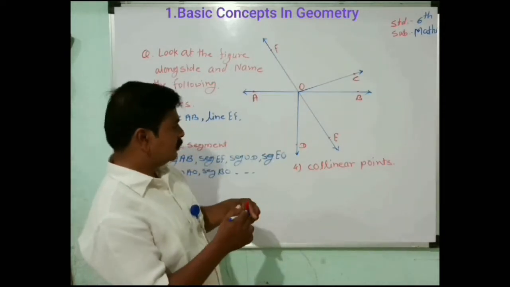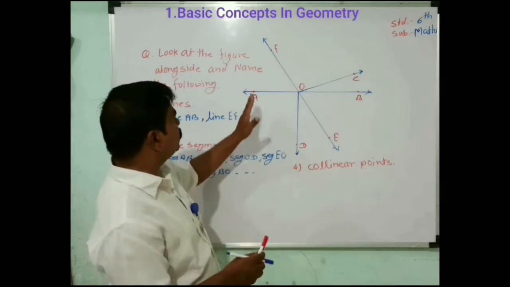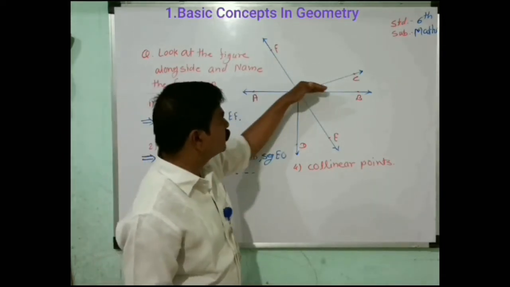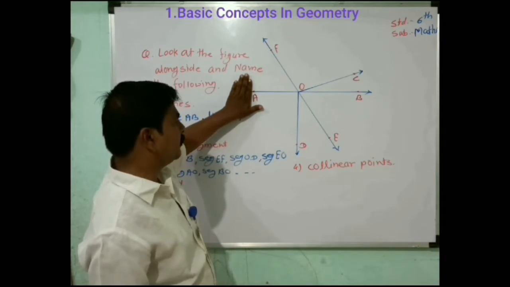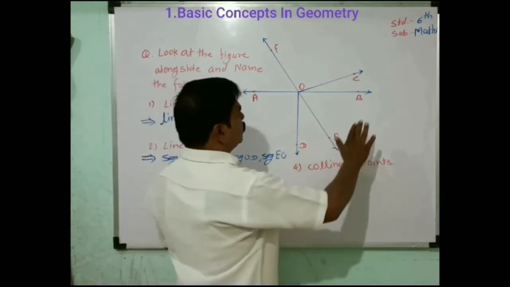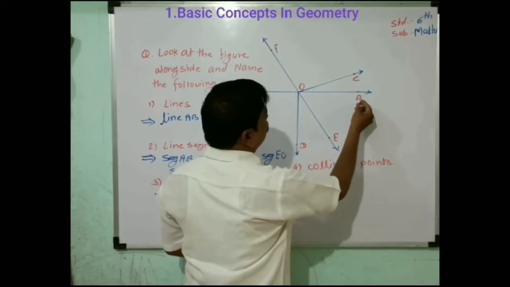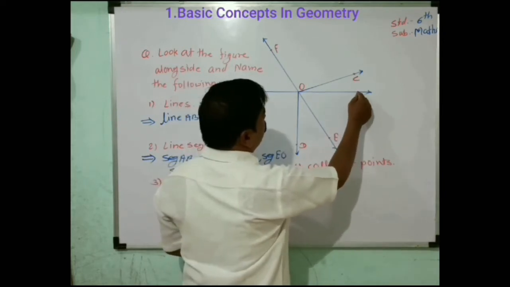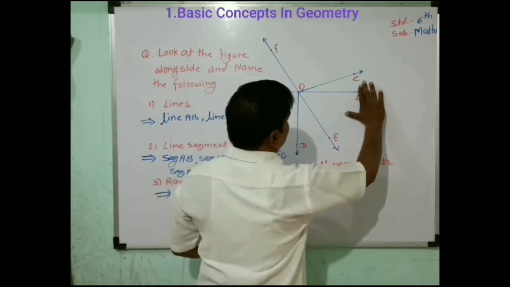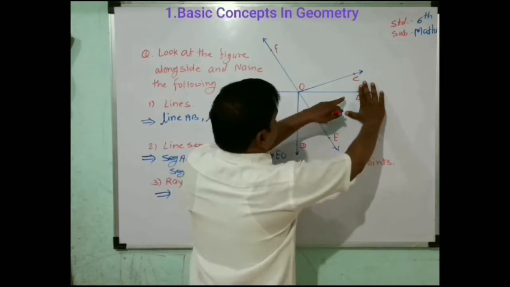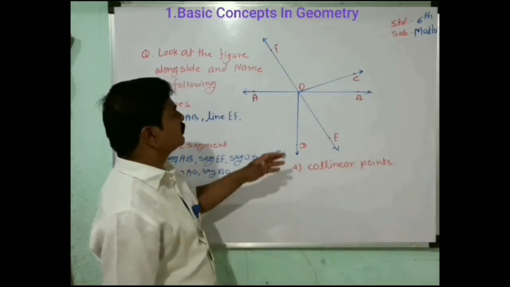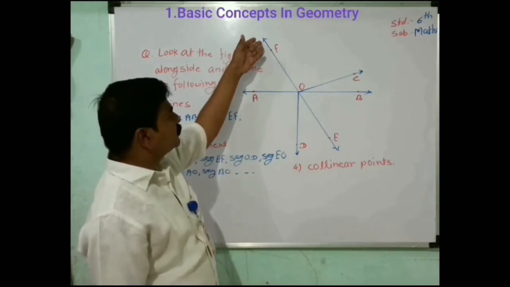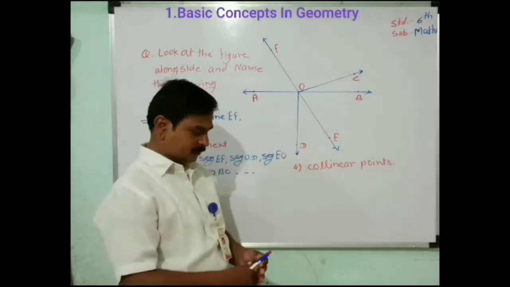And from this point A, this is also a ray, like this, ray AB. If we take B as origin, we get the ray BA. Like this, we can take names of rays from this line also.